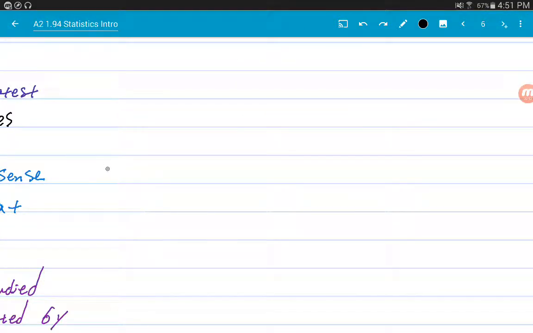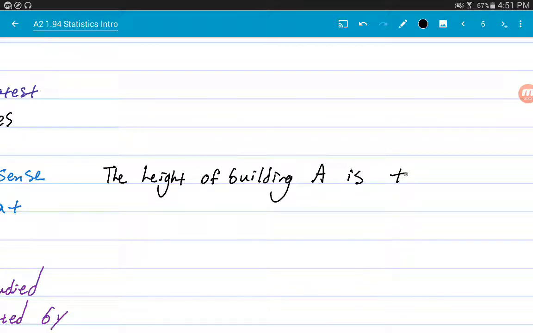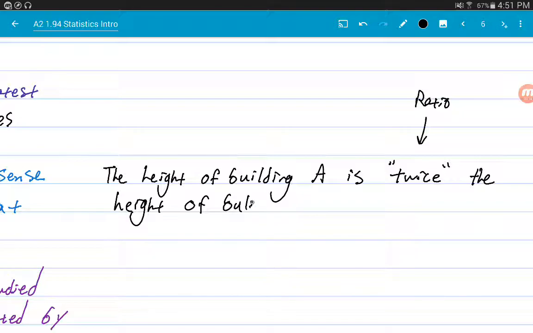I mean like the height of building A is twice the height of building B. That's a real-world example of using a ratio. Now that makes sense because the height of something would be measured on a scale that starts at 0. There are no negative heights.